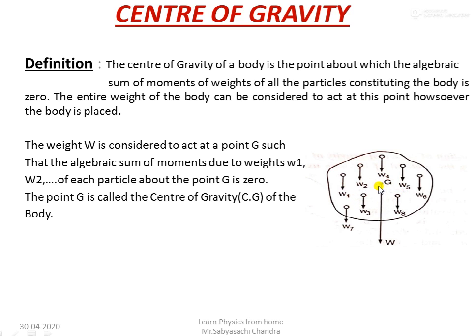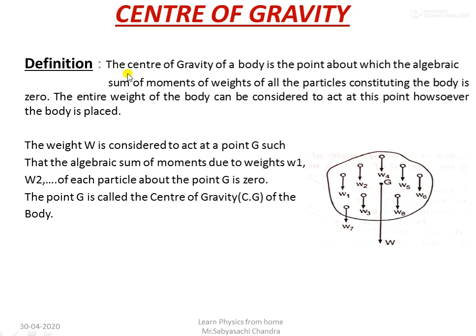That means the point G will be such a point where the moments of all the forces, W1, W2, will be 0, and that point is known as the center of gravity. So what is the definition here?